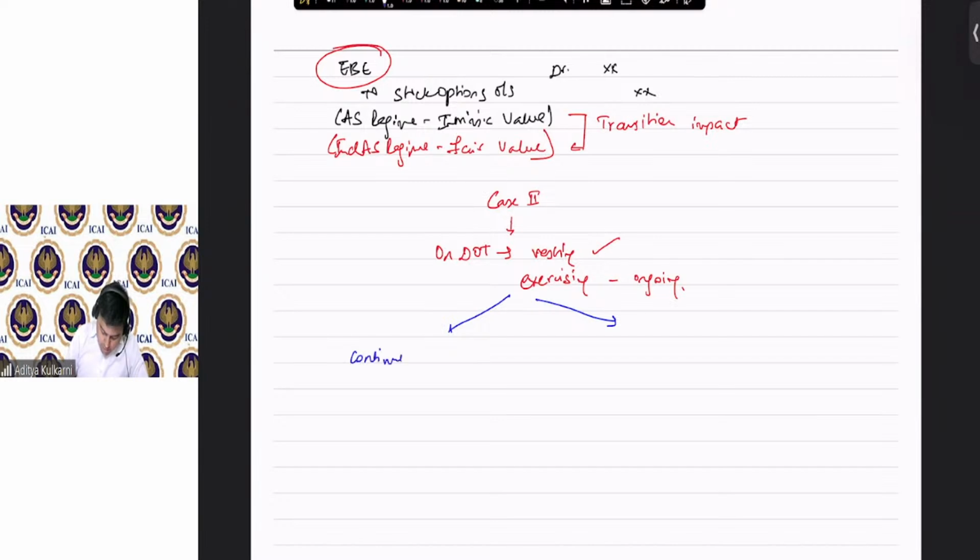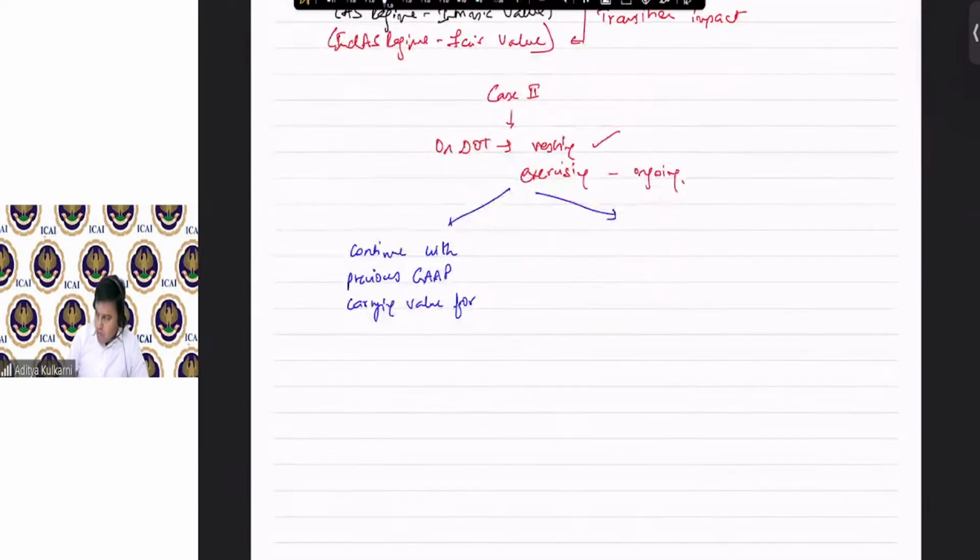Continue with previous GAAP carrying value for SBP reserve, or what I have written as stock options outstanding. Stock options outstanding account. Don't make any change to that.